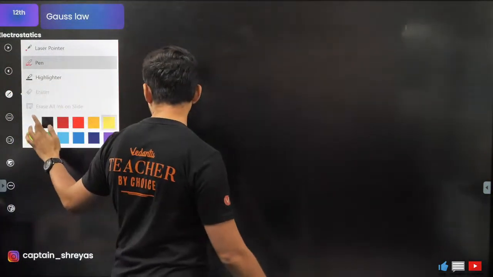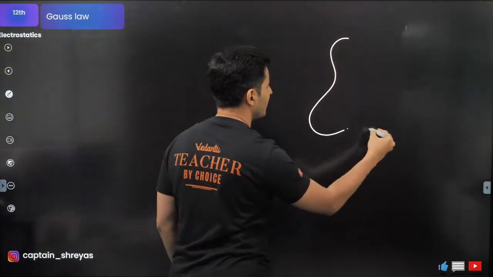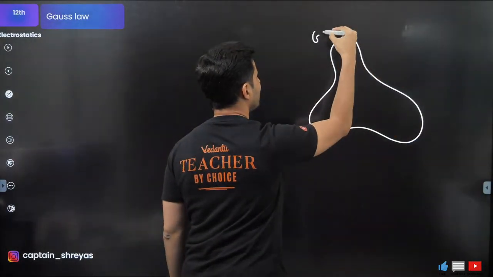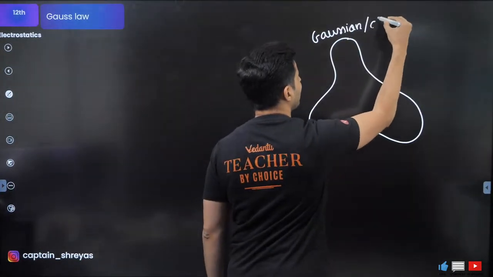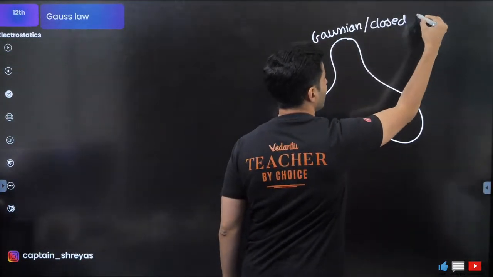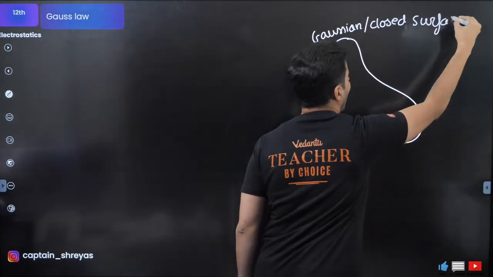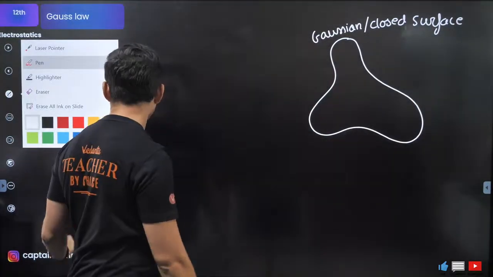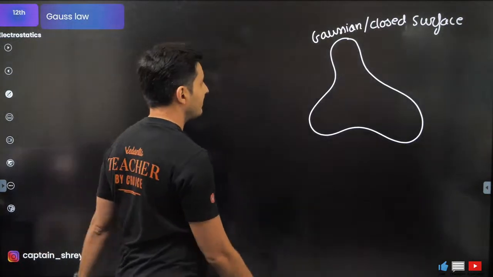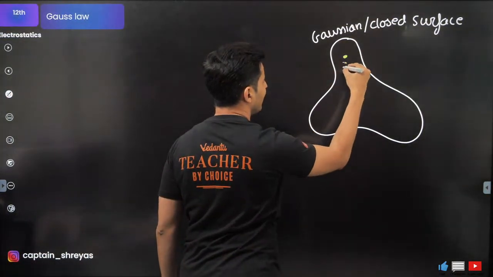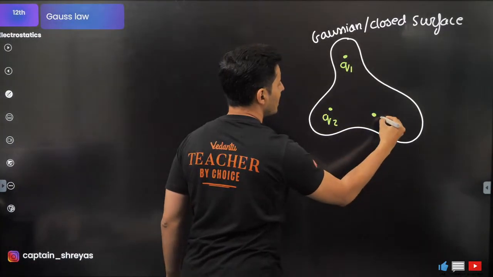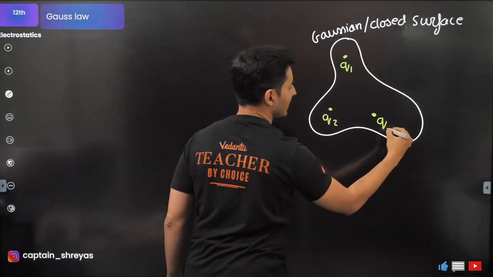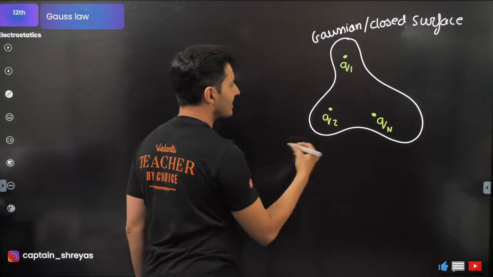If I draw a Gaussian surface, or basically I would say a closed surface, and I take up some charges which are inside as well as outside. Let's say these are the charges which are inside, Q1, Q2, Q3 and so on, up to Qn.